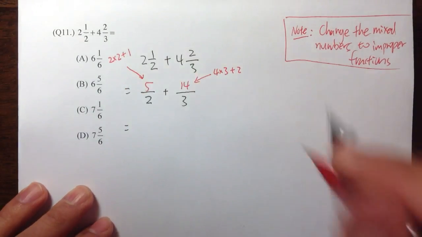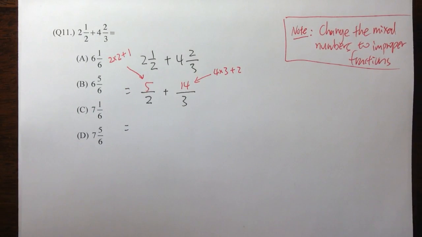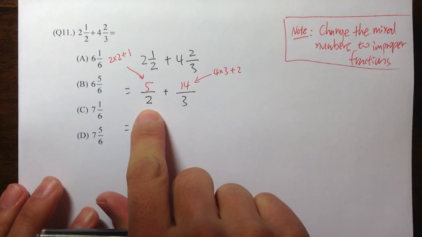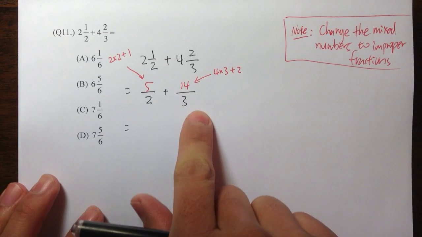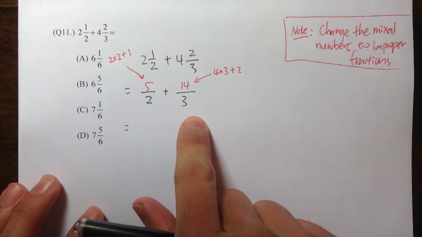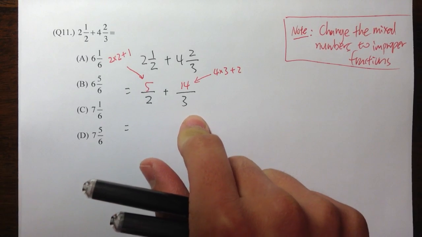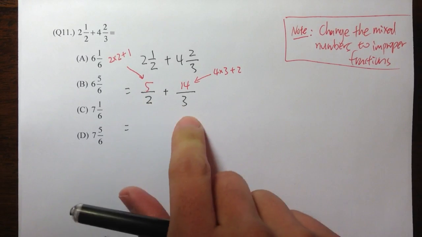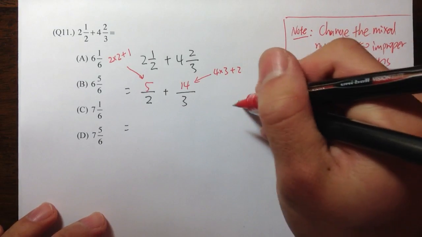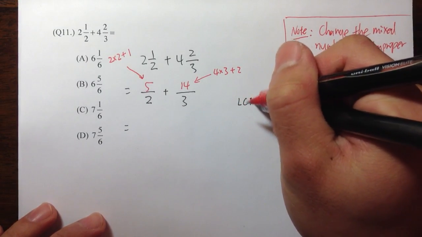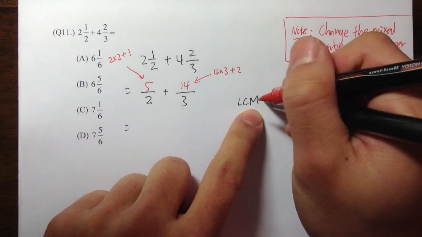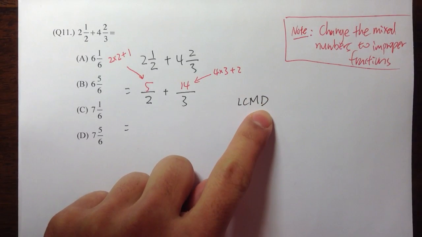Alright, now we are just adding two fractions. There are no whole number parts, and don't forget that to add two fractions, we must make sure that they have the same denominators. Unfortunately, we do not have the same denominator in this case. But it's okay, because we have seen that we need to find the lowest common multiple of the denominators.